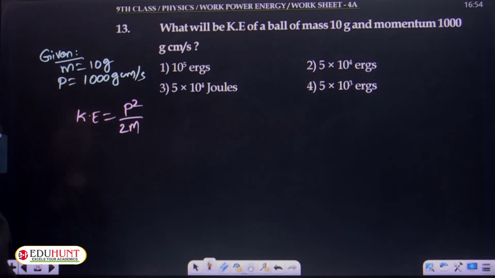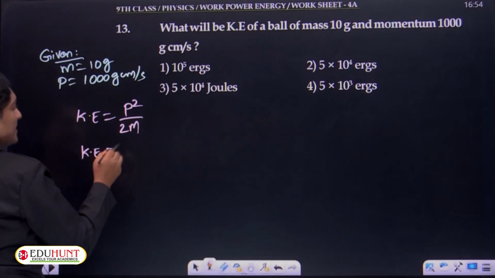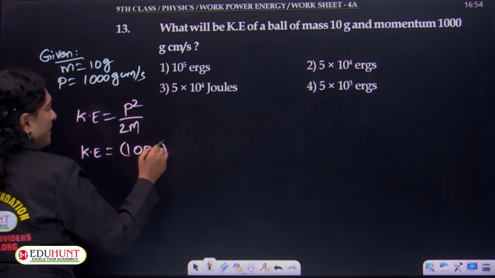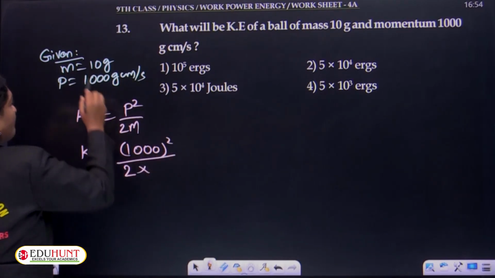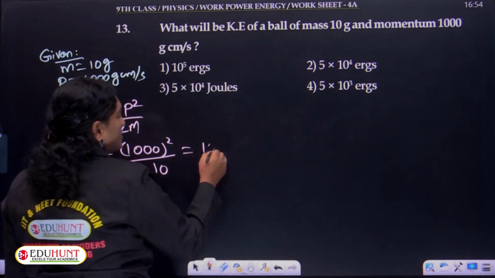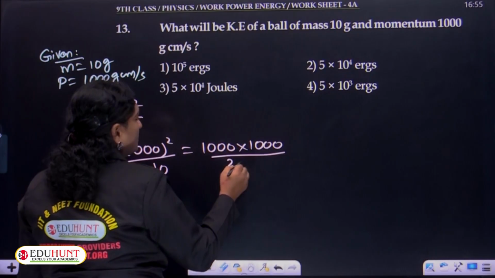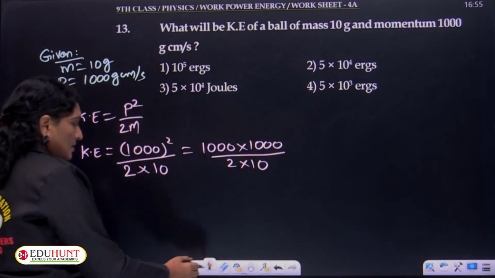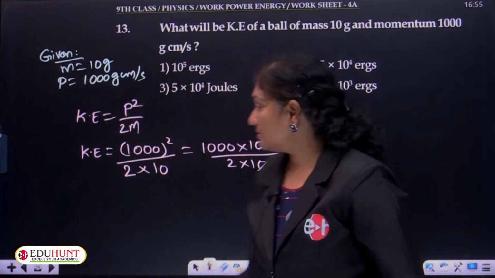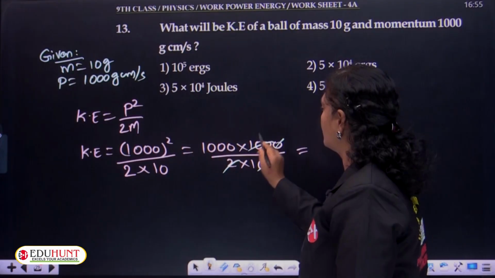Substituting those values here, we get the kinetic energy as P square, P means 1000, so 1000 square upon 2 times mass, which is 10. After further simplification, 6 zeros upon 2 times 1 0. So, simplifying this, 0 and 0 get cancelled, and this 2 also goes 50 times.